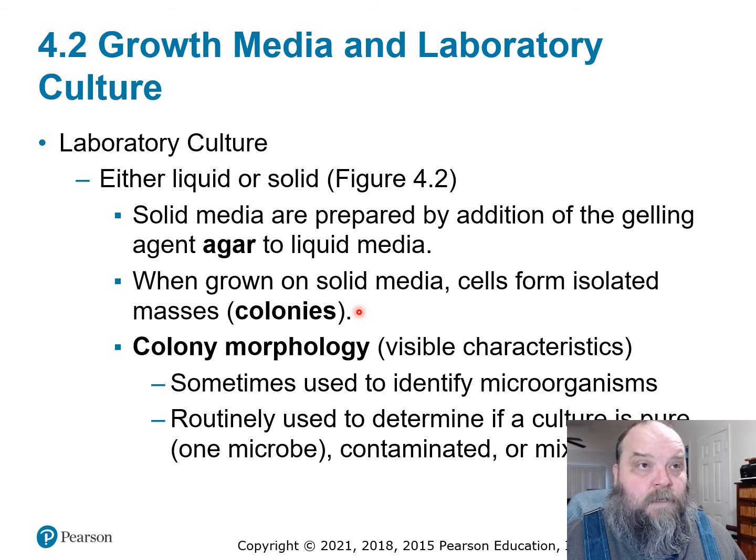A colony always starts with one bacteria. One bacteria that, given enough time, will result in millions of its clones all growing on top of each other. I can't see one bacteria, it's too small, but I can see millions of its clones all clumped together, and we call that a colony.